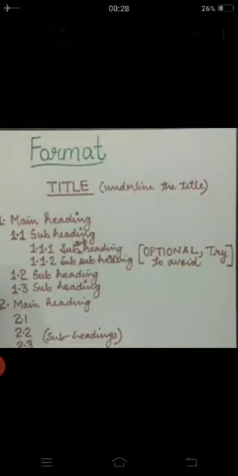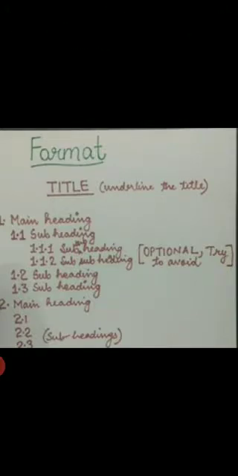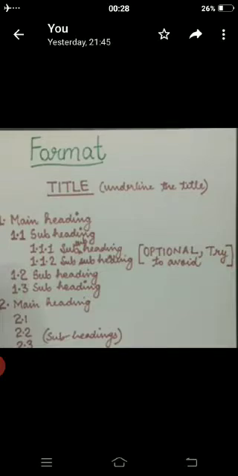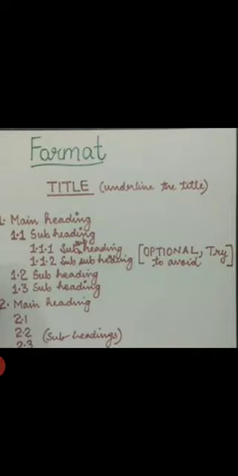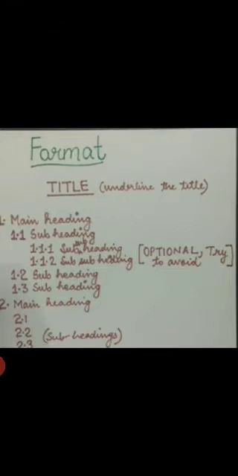Now students, if a passage is there before us for note making, first of all we have to read the passage provided, and then we have to underline the important sentences. It helps us to make headings and subheadings.